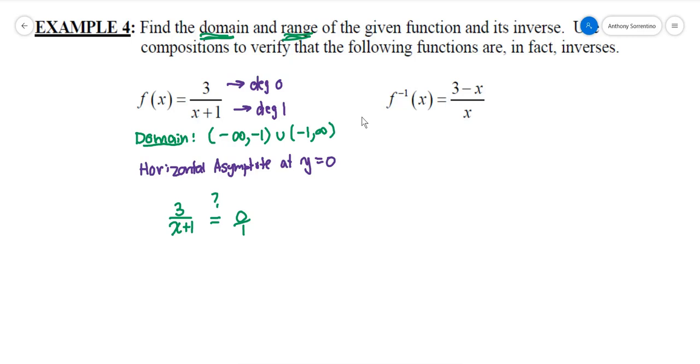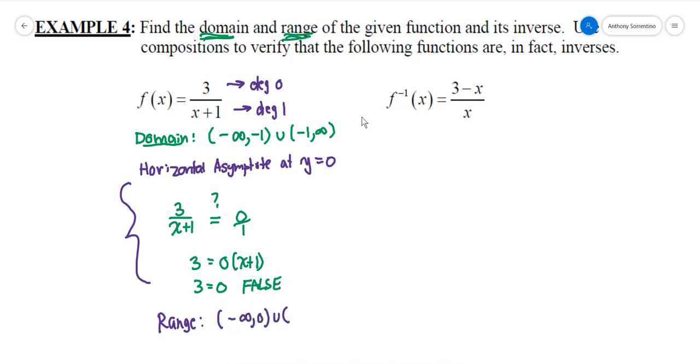If I assume this is allowed to happen, then if I cross multiply, I would get 3 equals 0 times x plus 1, which means 3 would equal 0. Well, this is false. Now, with this information all together, I could say that the range is anything but 0. So that works just fine.